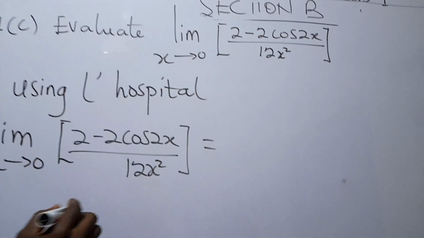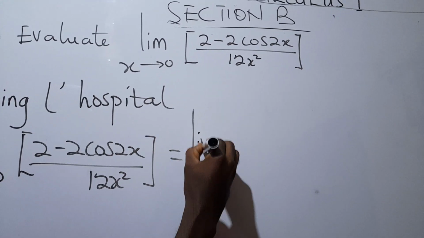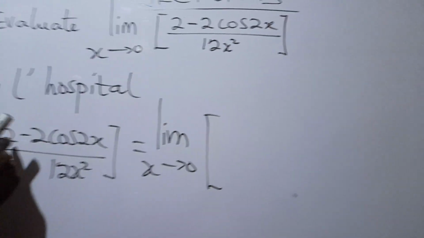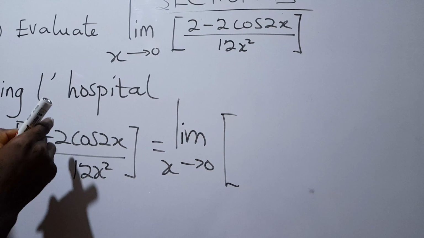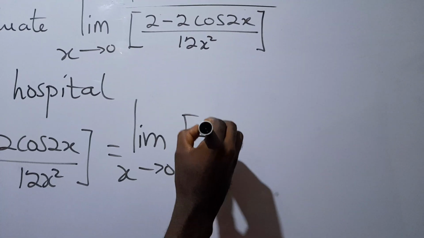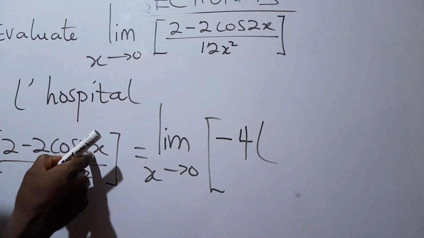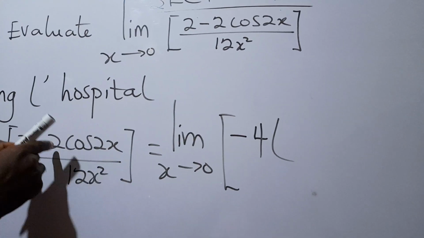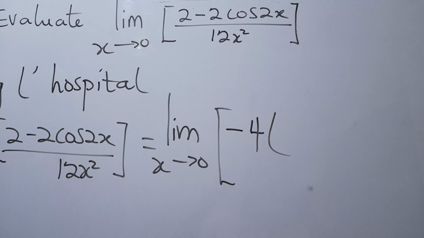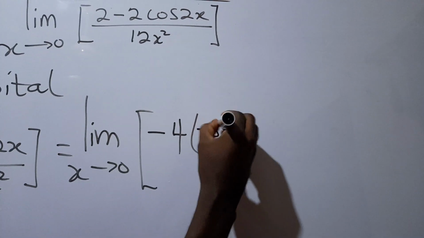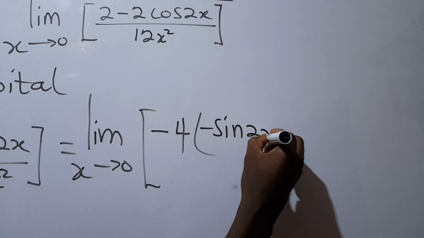Now we'll differentiate the numerator differently. So we'll have the limit where x approaches 0 of, on differentiating 2, we'll get 0. On differentiating this, we'll get minus 4. Remember, we just differentiate the angle 2x and use it to multiply this, we'll get minus 4. Then on differentiating cos, we get negative sine. Repeat the angle.